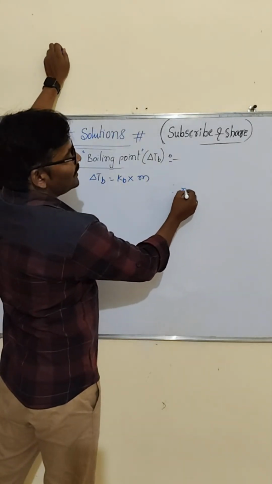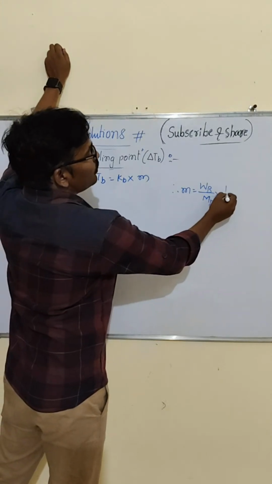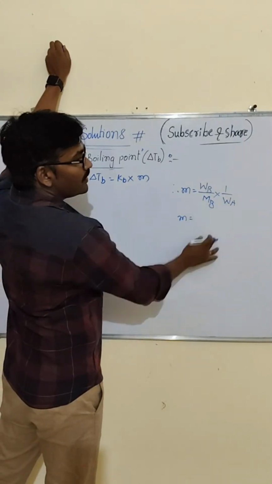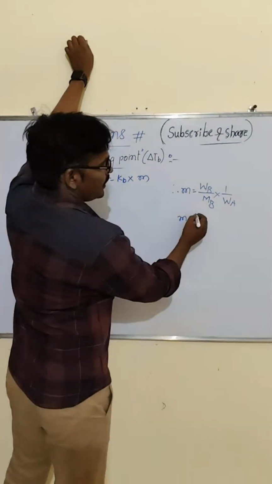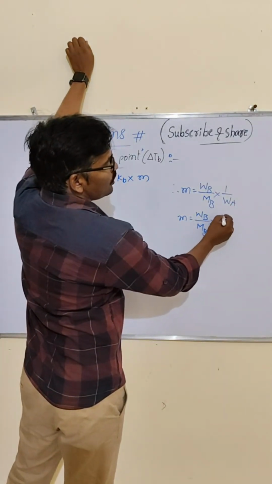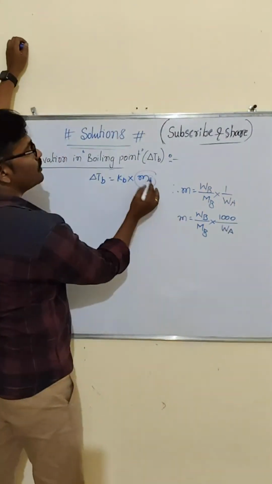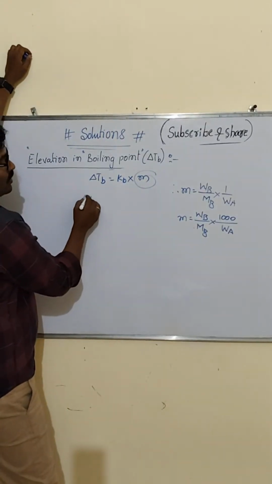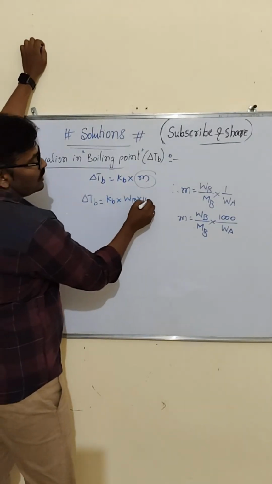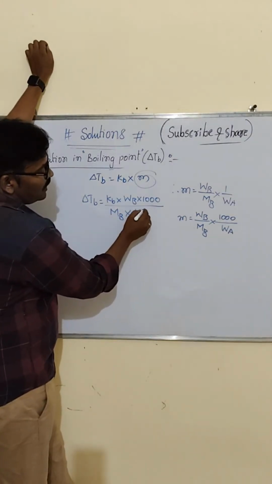Remember, molality is nothing but WB divided by MB into 1 divided by WA, or if it is in grams, then WB divided by MB into 1000 divided by WA. So in the place of m, we can substitute this. Delta TB equals KB into WB into 1000 divided by MB into WA.